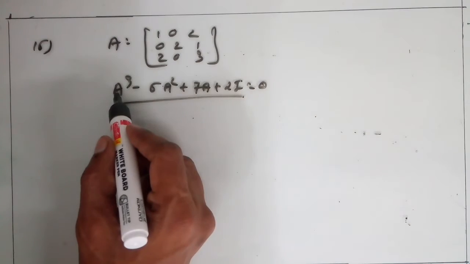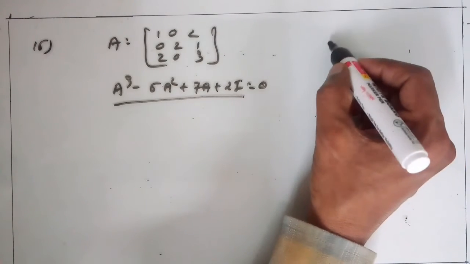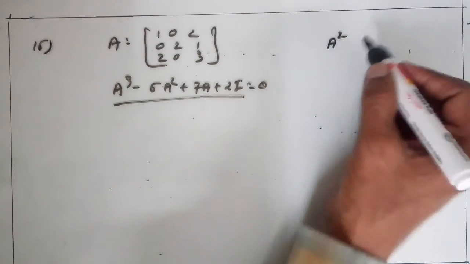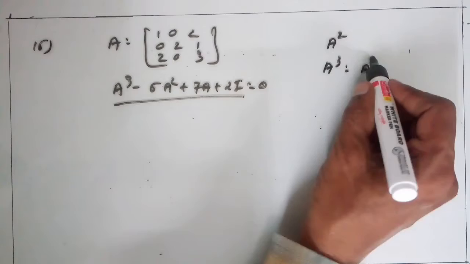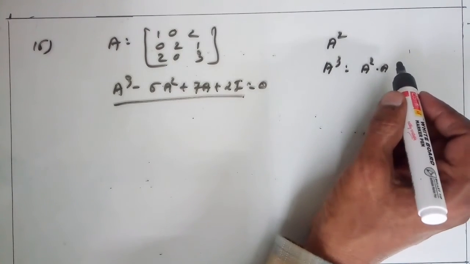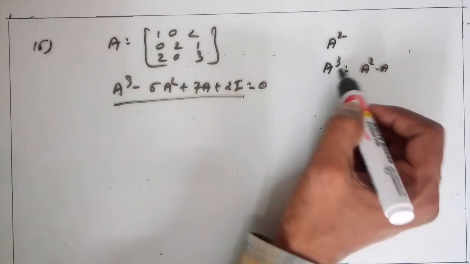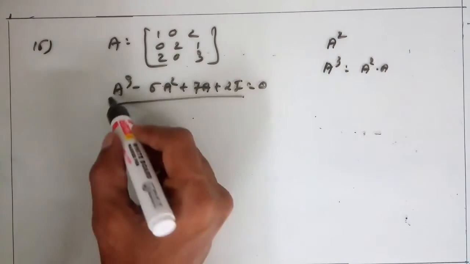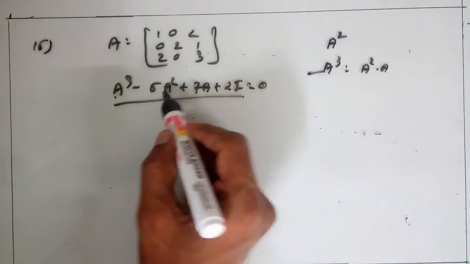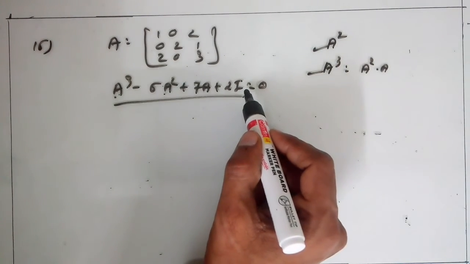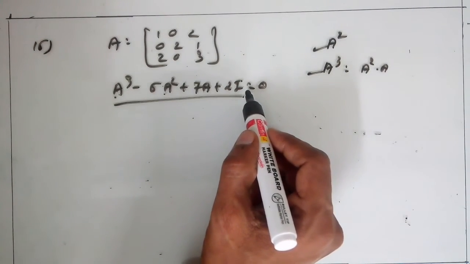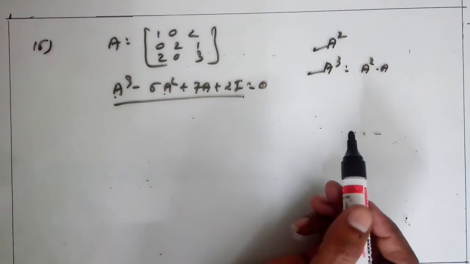First get A raised to 3. You know how to get A raised to 3. First get A square, then find A raised to 3, that is A square into A. Clear? Now using A raised to 3, A square and A, replacing these in this equation, we get 0.